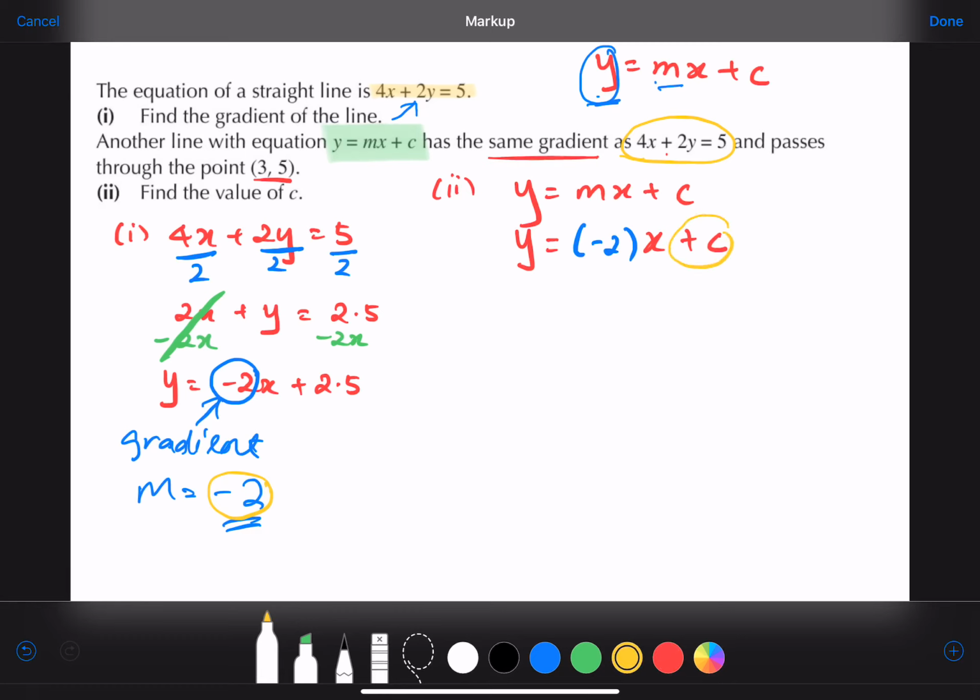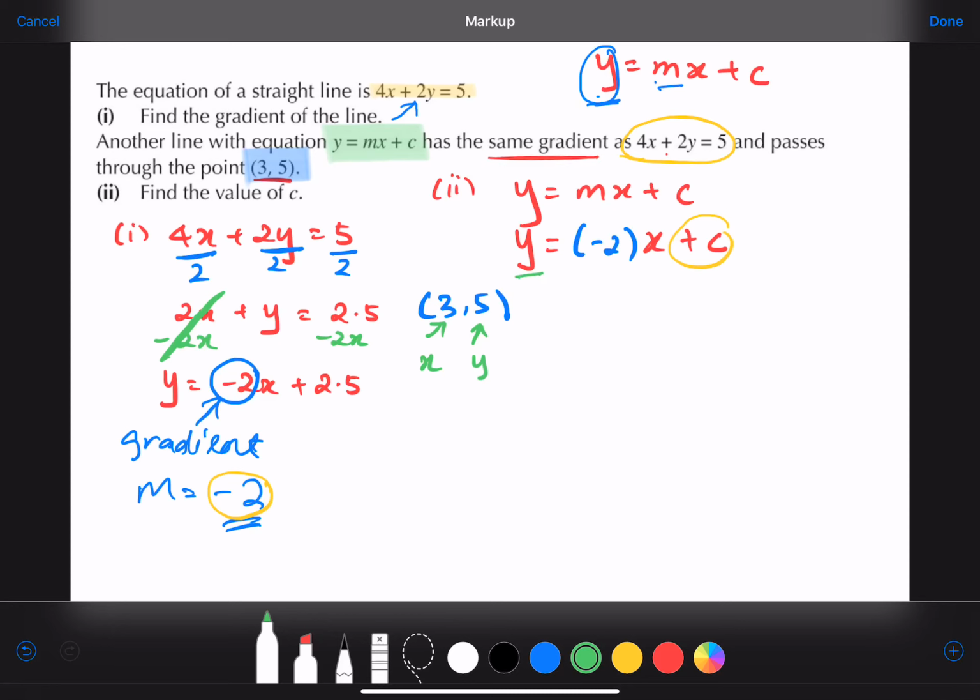And to do that, like what we did previously, we will need a coordinate to help us. And the only coordinate that we actually have is here, 3, 5. So 3, 5, again, first value is x, second value is y.